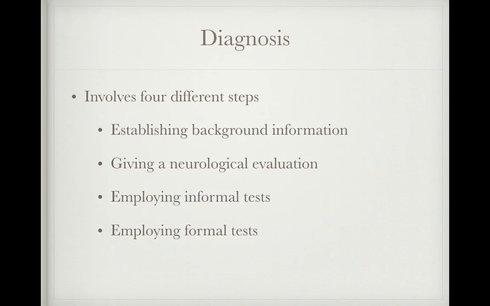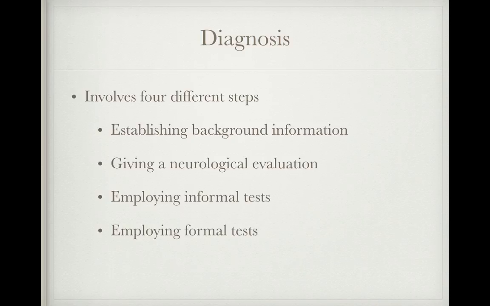And we're just going to talk about diagnosis very briefly. So there's 4 steps involved to reaching a diagnosis. First is establishing background information, giving a neurological evaluation, employing informal tests, and employing formal tests.